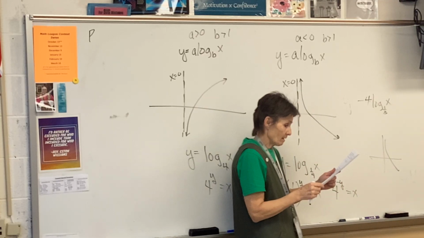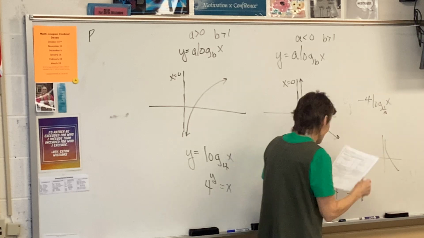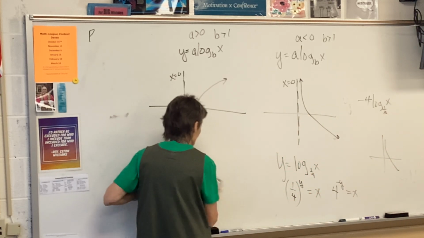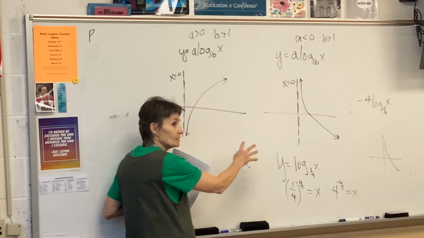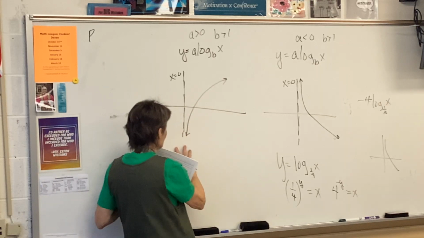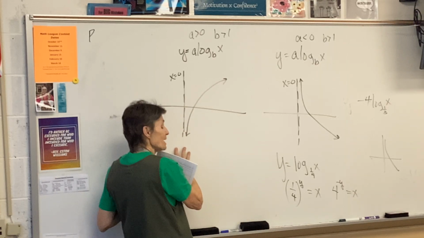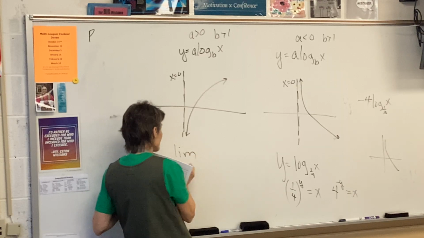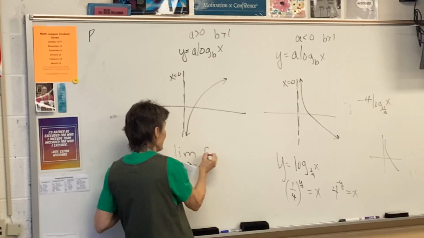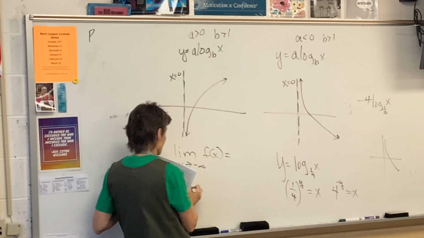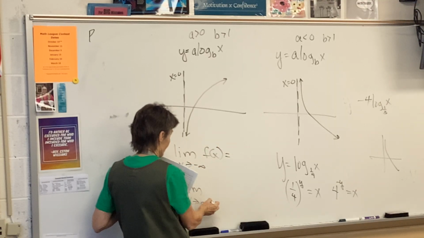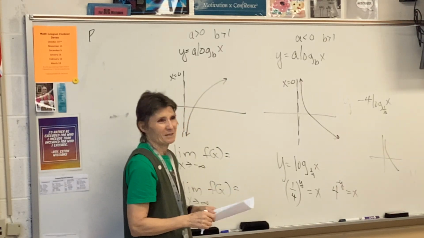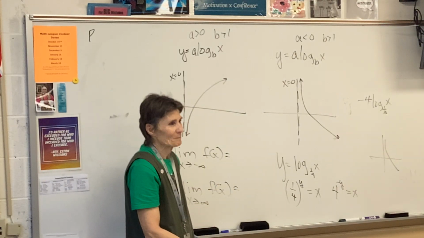Okay, all right, so now we're going to talk about end behavior of logarithms. So let's start with this picture. These are our two basic pictures. All right, so we're going to start with this one. End behavior is a little tricky with logarithms because we are used to describing end behavior like this. This is the way we describe end behavior. What's the problem with a logarithm though?